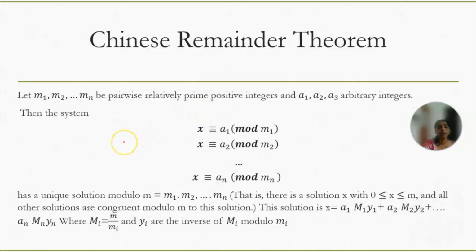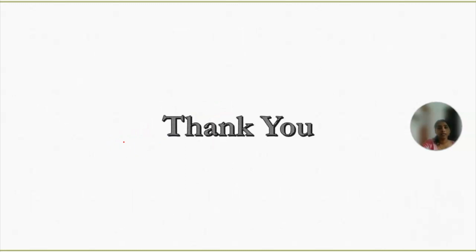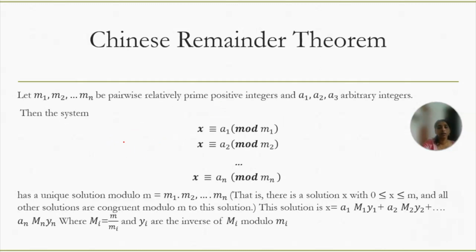Then the system of linear congruences x congruent to a1 mod m1, x congruent to a2 mod m2, etc., x congruent to an mod mn has a unique solution modulo M equal to m1 into m2 into etc. into mn.